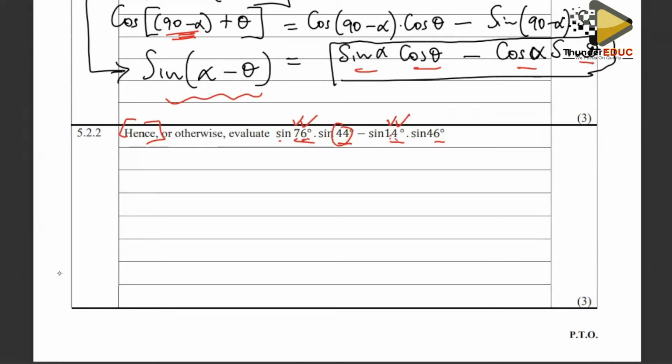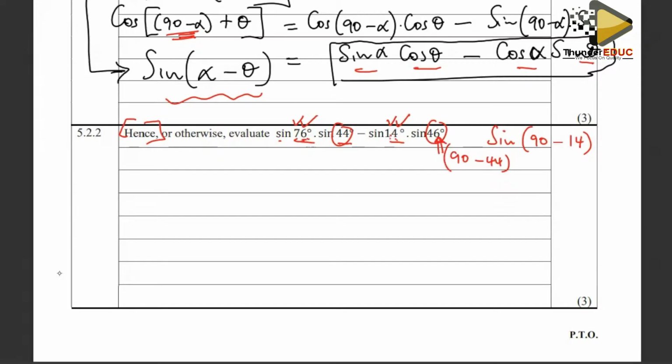Same applies with the 44 and the 46. So what I'm going to do, I know that sine of 76 could be the same as sine of 90 minus 14. Then when I look at the 46, it could be the same as 90 minus 44.